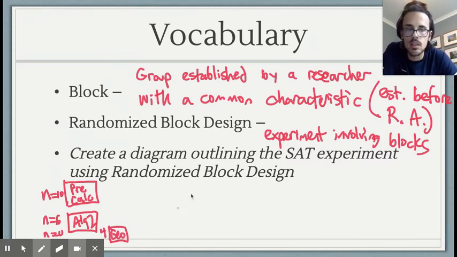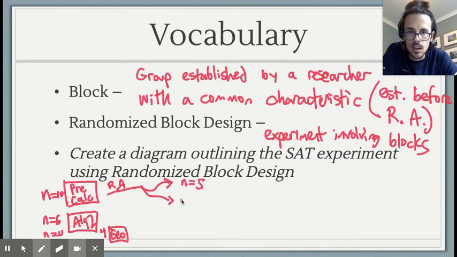And then what you're basically going to do is do a very similar process. I'm not necessarily going to write this whole thing here, but what you would do is you would randomly assign it so that 5 of the kids end up in each group. So you would have 5 of the kids go to treatment 1, which is, I don't know, the online class.